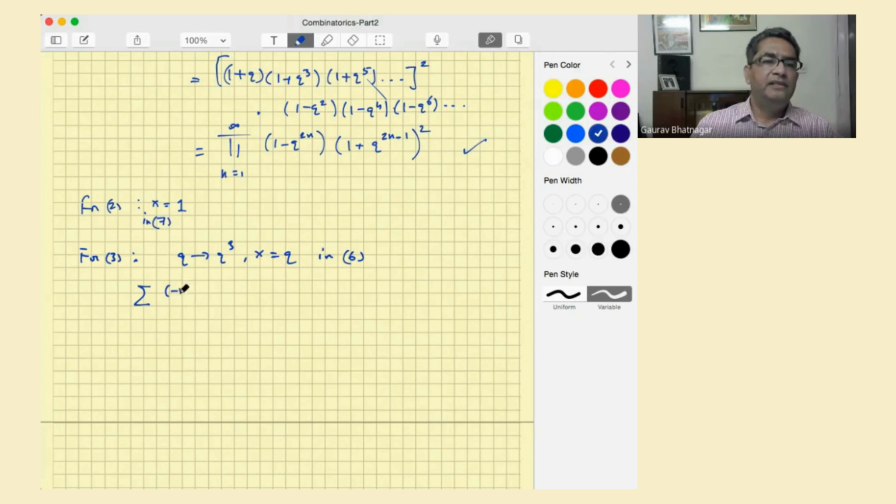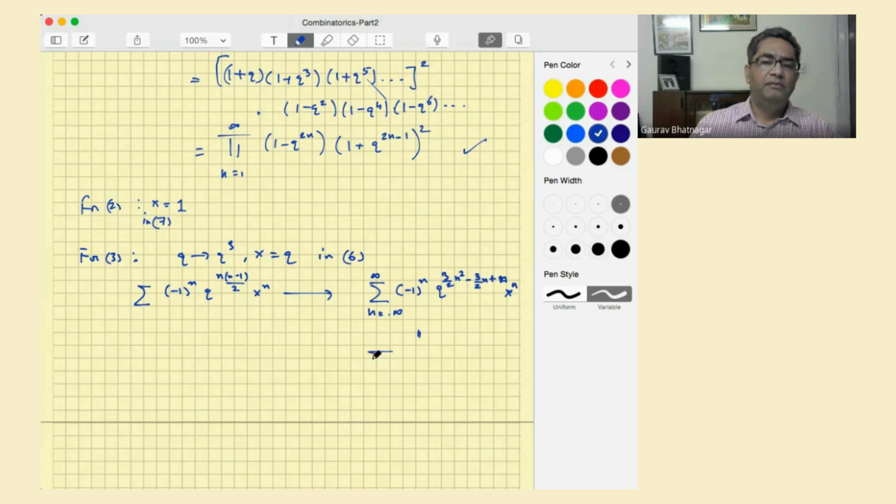So it was (-1)^n q^(n choose 2), n(n-1)/2, and x^n. So this goes to the summation n from minus infinity to infinity, (-1)^n, and q goes to q cubed. So it's 3/2 n squared minus 3/2 n, and then there is an x, so there's a plus n, x^n.